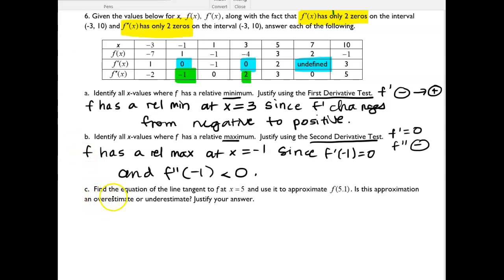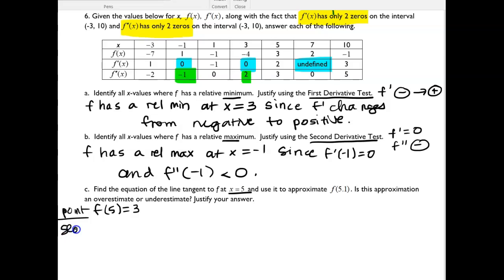Last part, part C. Find the equation of the tangent line to f at x equals 5 and use it to approximate f of 5.1, and then decide is this an over approximation or an under approximation and justify. So we're using that same idea that we did at the beginning of the notes. So our point, at x equals 5, f of 5 is 3.